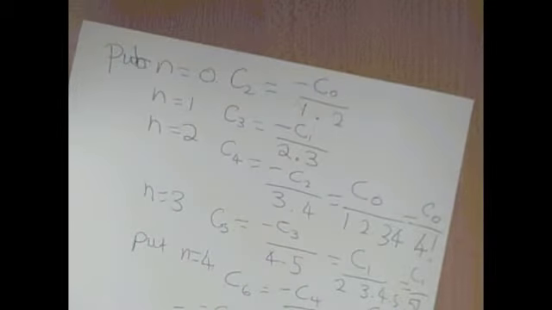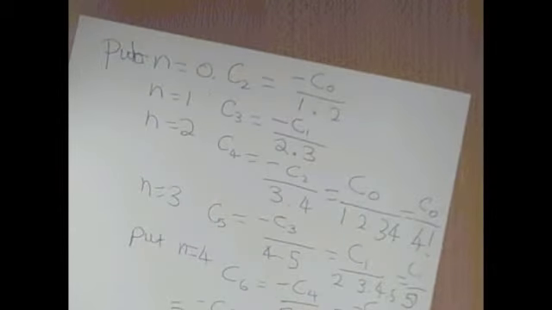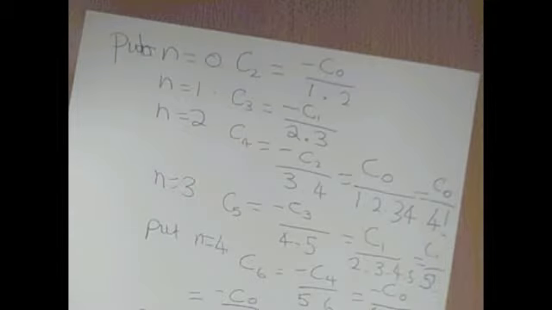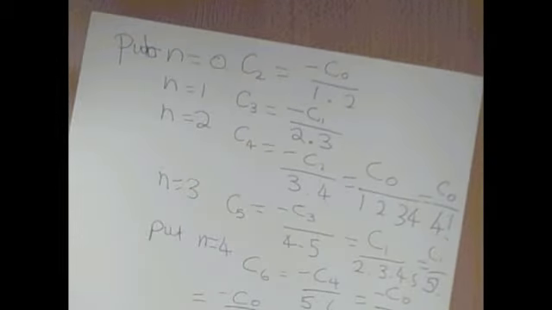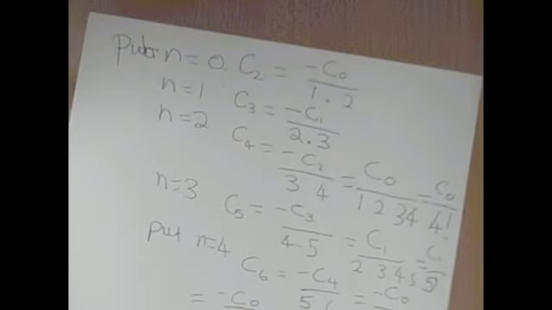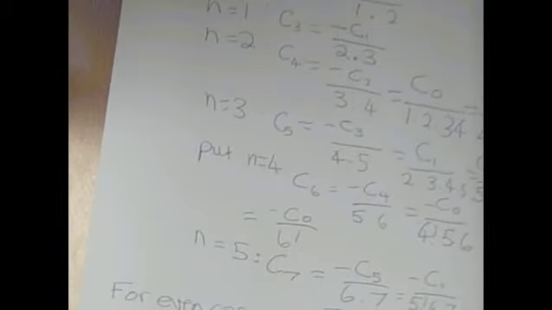If we put all these back into equation 2, which was y equals c0 plus c1x and so on, we get c0 times 1 minus x squared over 2 factorial plus x to the 4 over 4 factorial minus x to the 6 over 6 factorial plus dot, dot, dot.